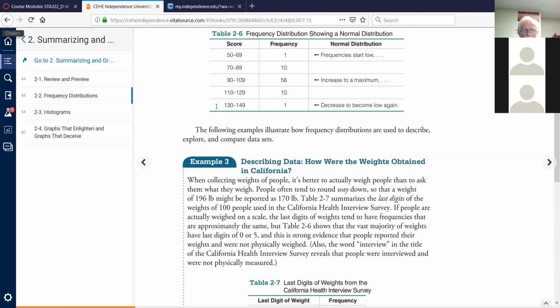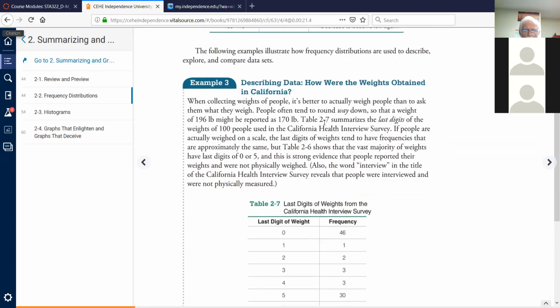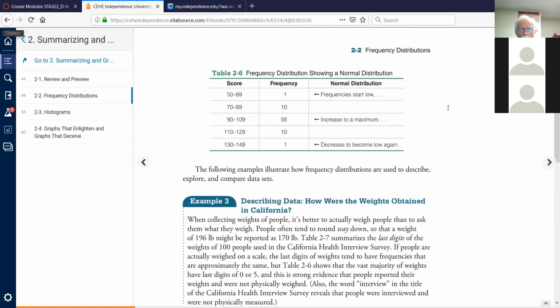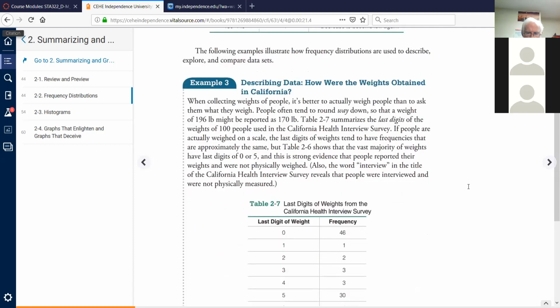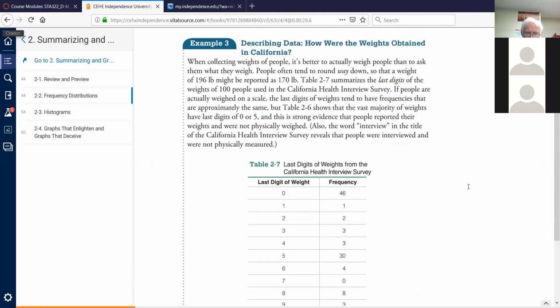Usually that point is going to be in the middle of our data set. That's what we call a normal distribution: it will start low, increase to a maximum, and then become low again down the curve. We'll see this when we do z-scores next week.